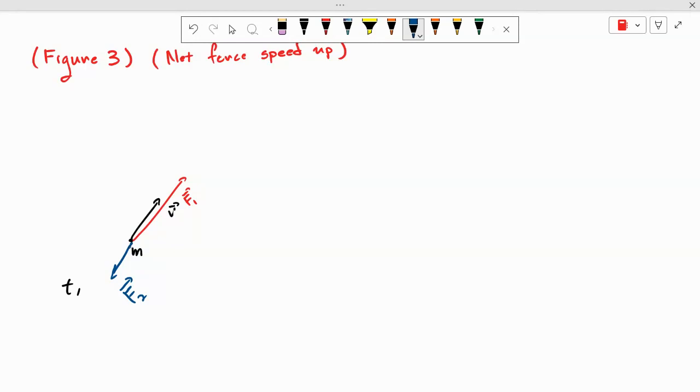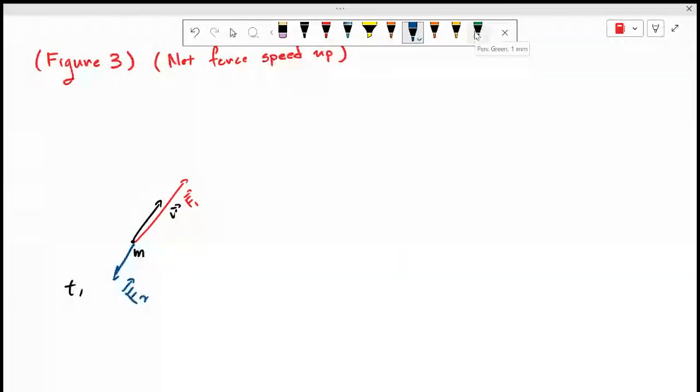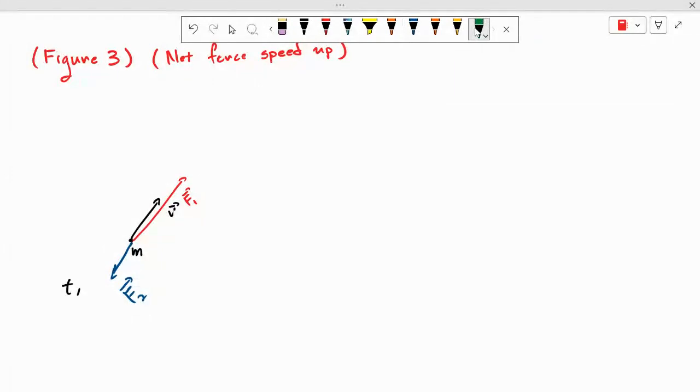We have that the net force, let's just do it out.